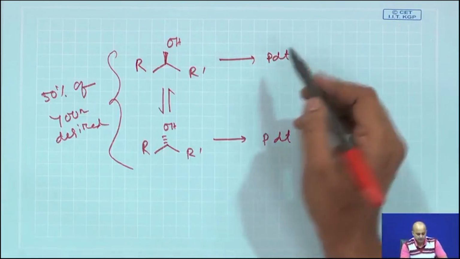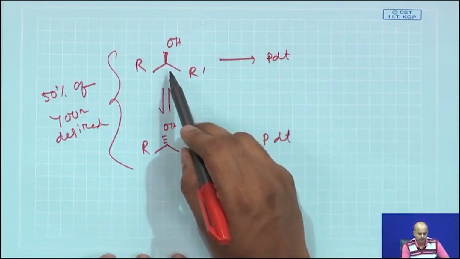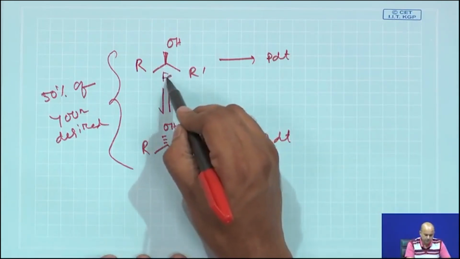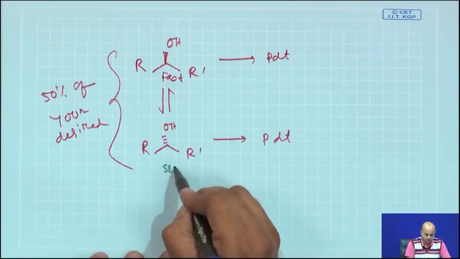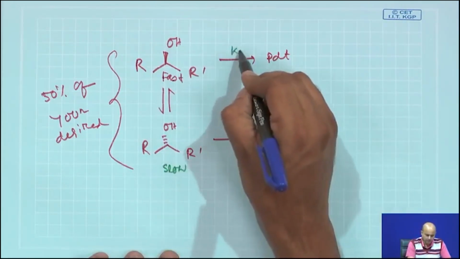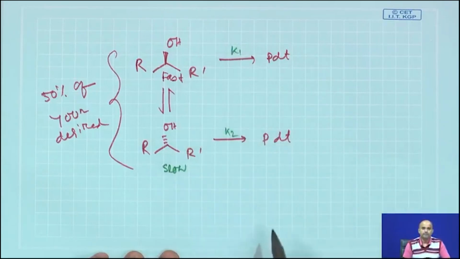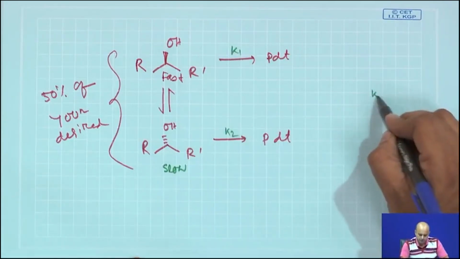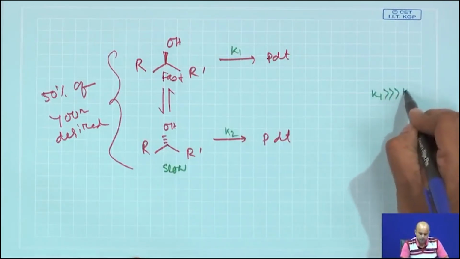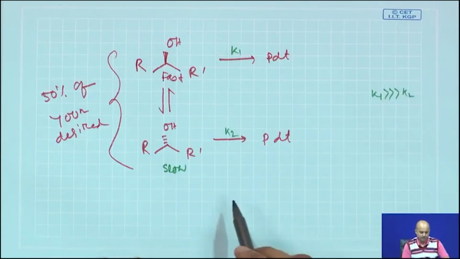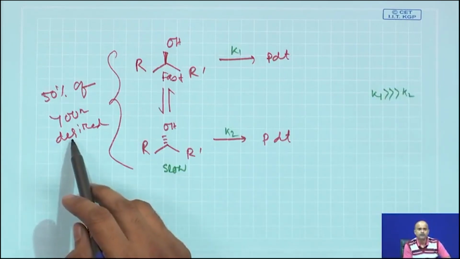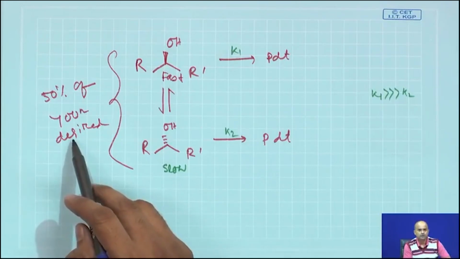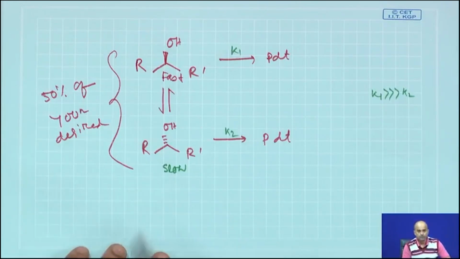Now, I am saying after the 50% fast reacting enantiomer reacts, and this is slow, this is K1 and K2. So, in the kinetic resolution K1 is greater than K2. Now, you see I am saying that your 50% desired product has to be thrown. So, what can you do?